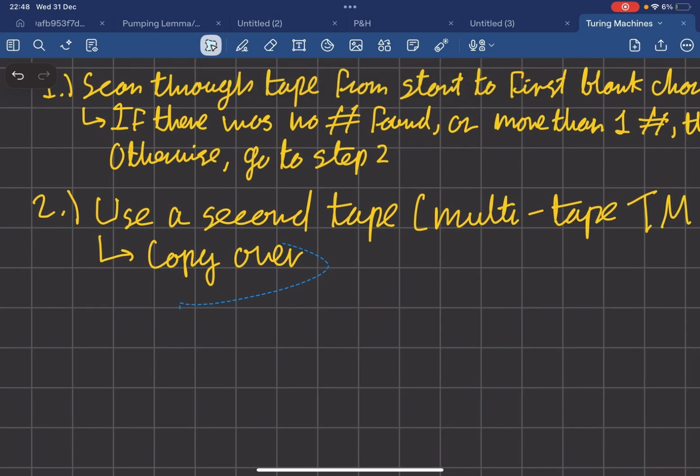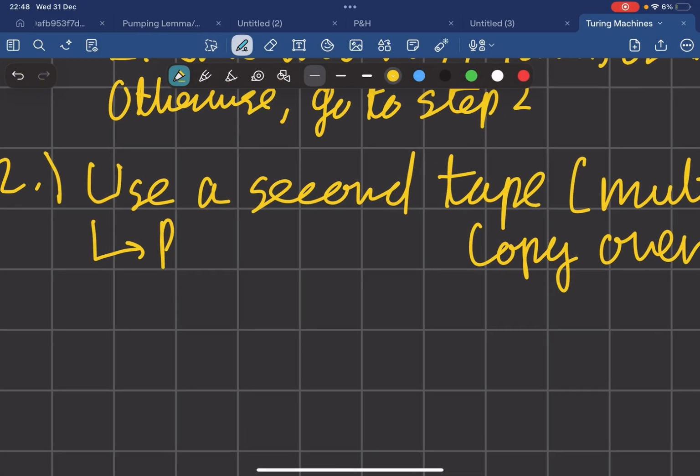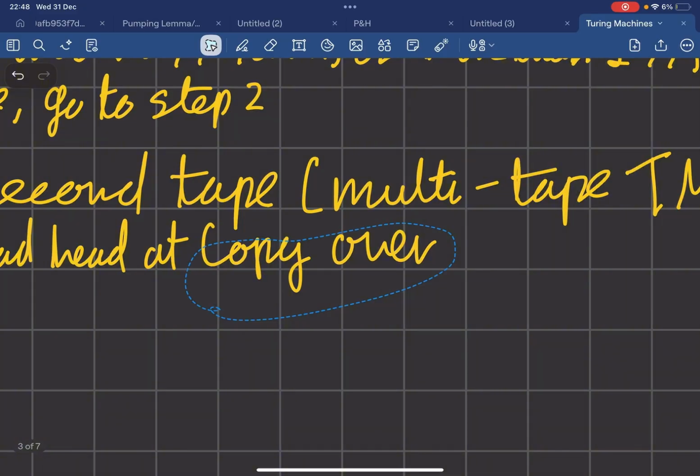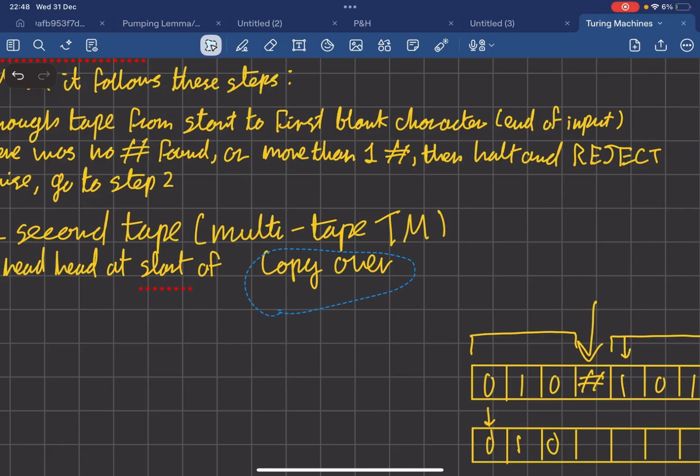Let's first say to put the read head at the start of the input just in case it isn't already there. And we'll call the original tape the main tape.